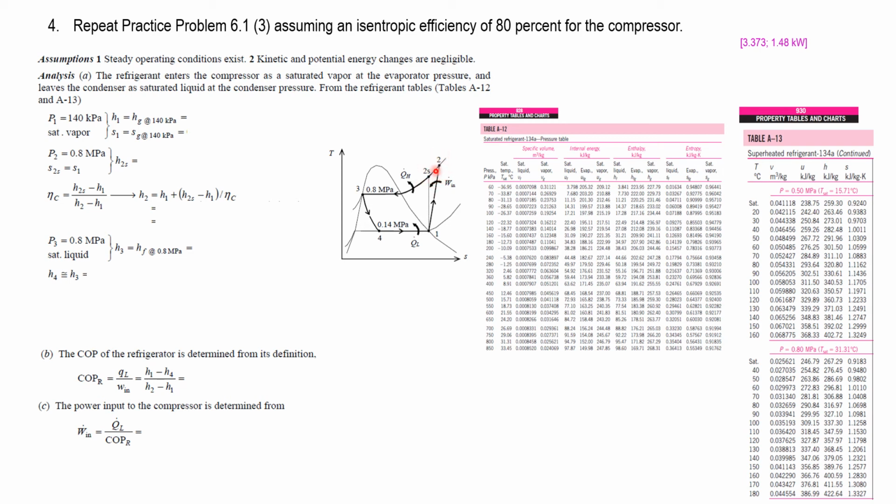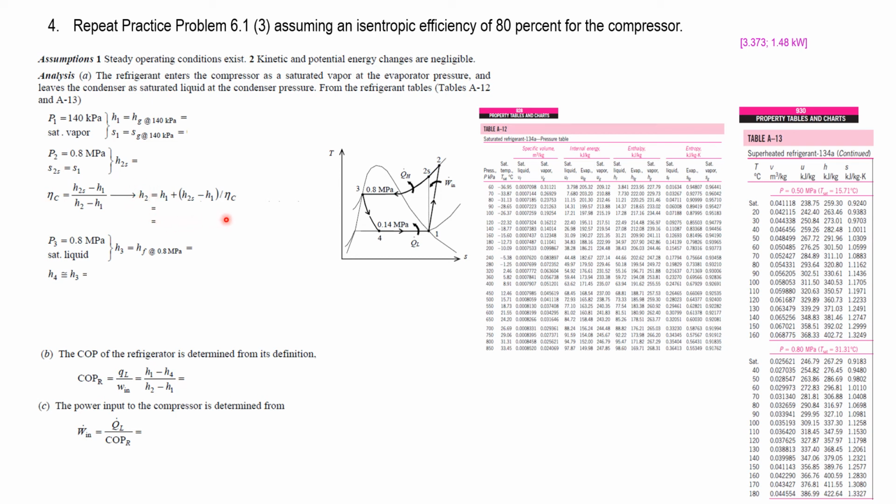To find h2, we will then go back to the formula for the isentropic efficiency. Now you are given an isentropic efficiency of 80%, so you can replace it with 0.8. h2s is given from here. h1 is obtained from here. Now what we want to do is rearrange this whole formula so that we get h2.